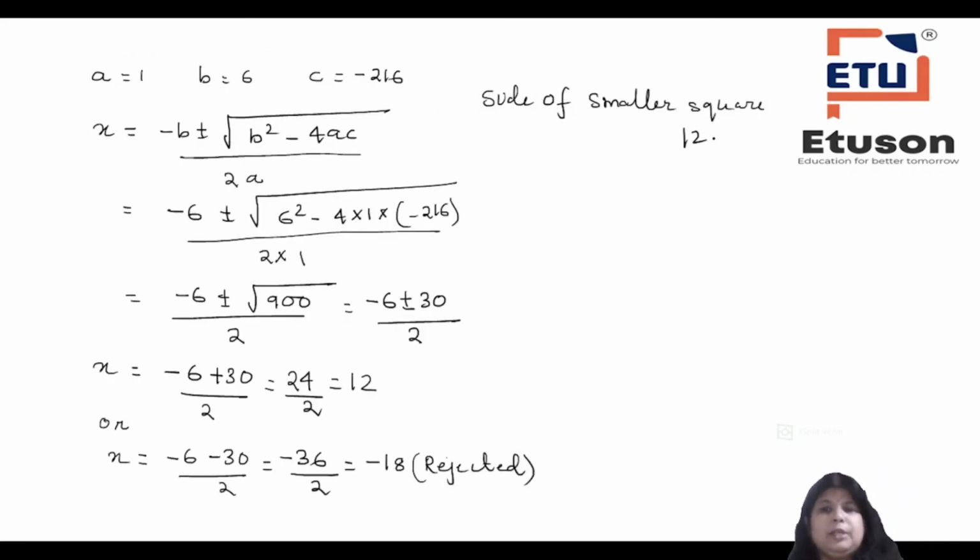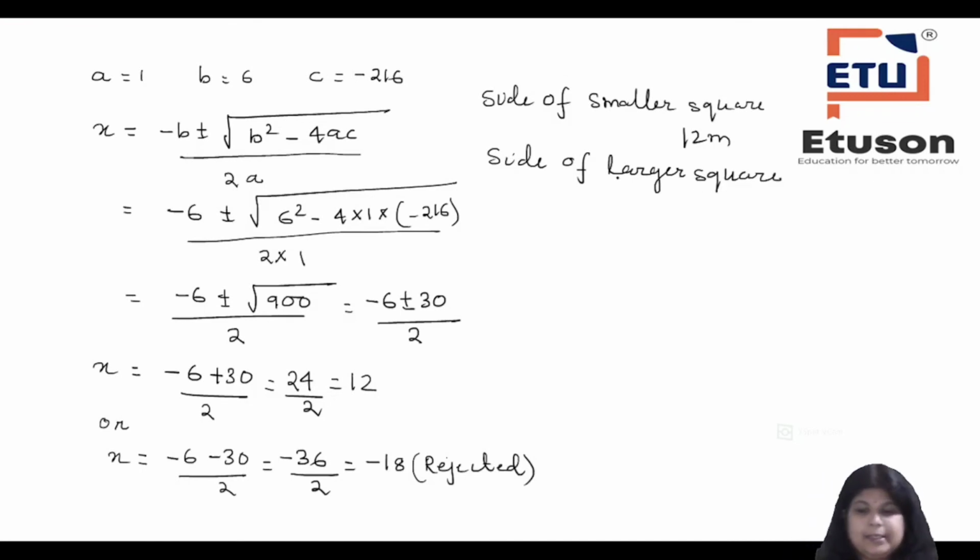What will be the side of the larger square? It is x plus 6, so it is 12 plus 6, that is 18 meter. So we have obtained the sides of both the squares, the smaller square having side 12 meter and the larger square having 18 meter.